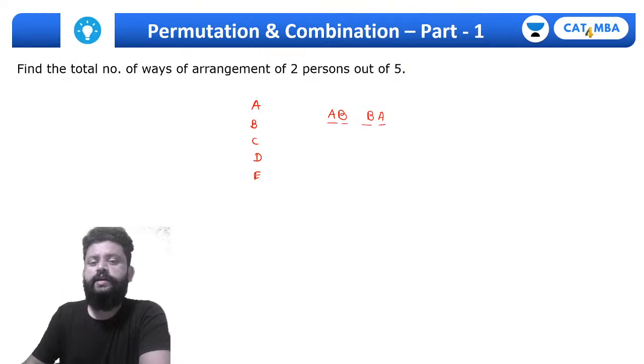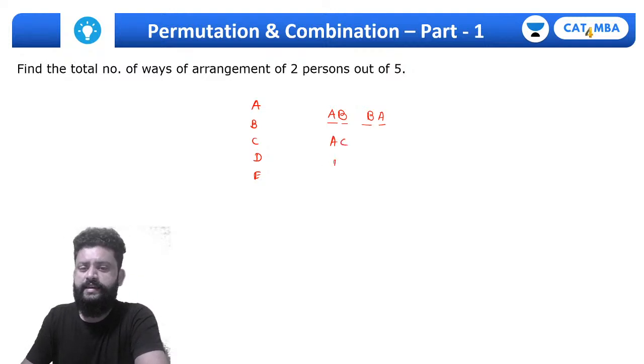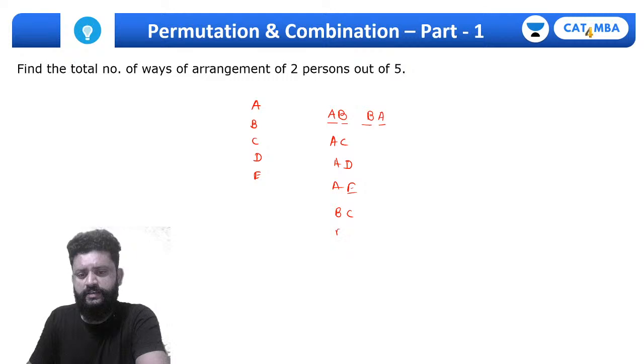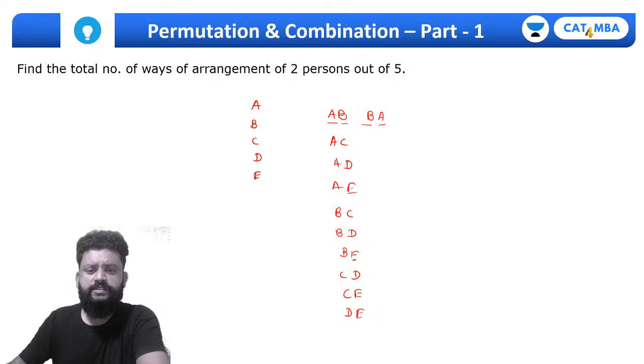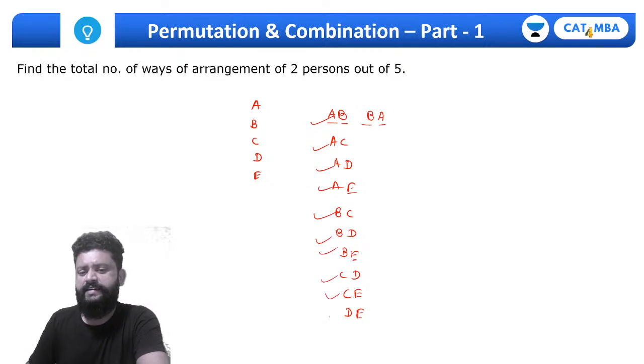So we have AB, AC, AD, AE. Then we have BC, BD, BE. After that I have CD, CE, and lastly I have DE.